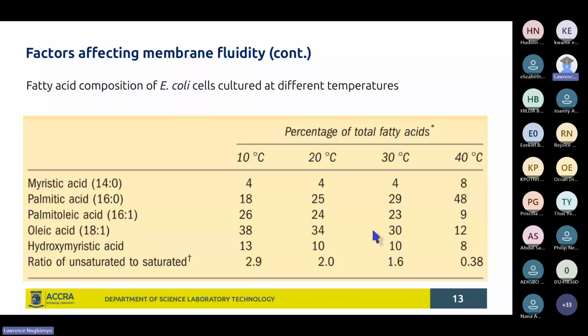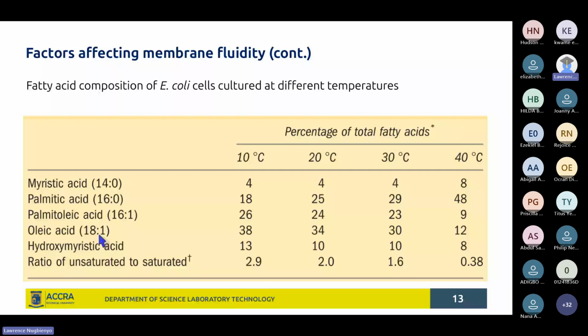And even if you take the slide and just take a look at the composition of fatty acids at the various temperatures, for instance, if you take oleic acid, which has 18 carbons and 1 double bond, that's an unsaturated fatty acid.